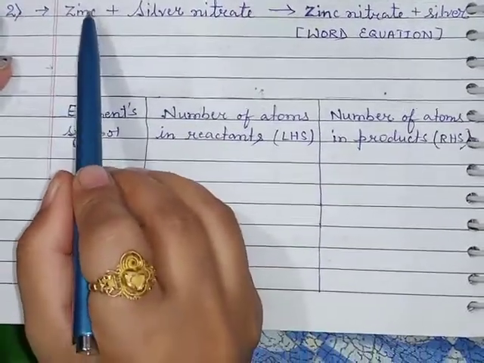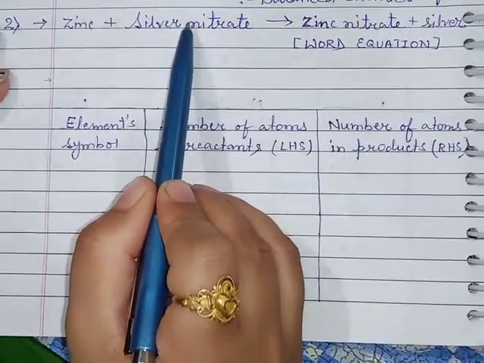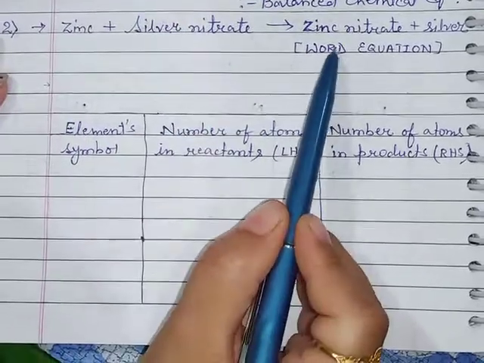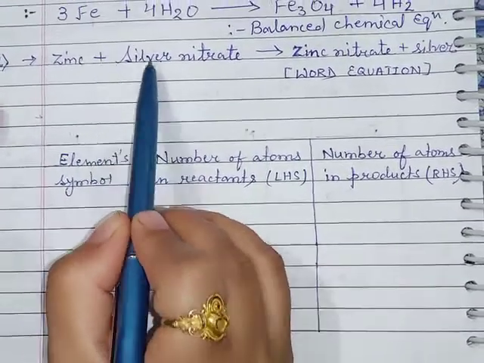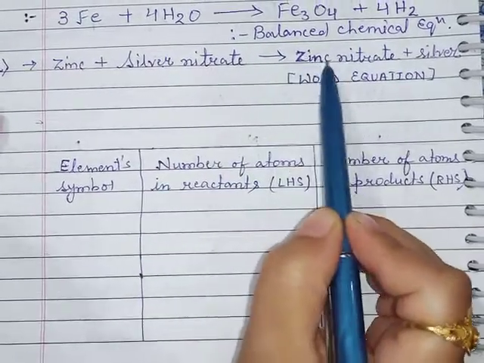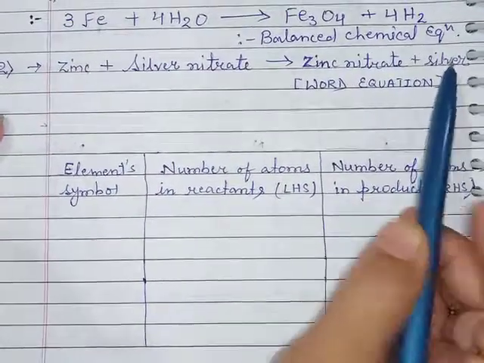Now we take another example to understand how to balance a chemical equation. This equation is zinc plus silver nitrate gives zinc nitrate plus silver.